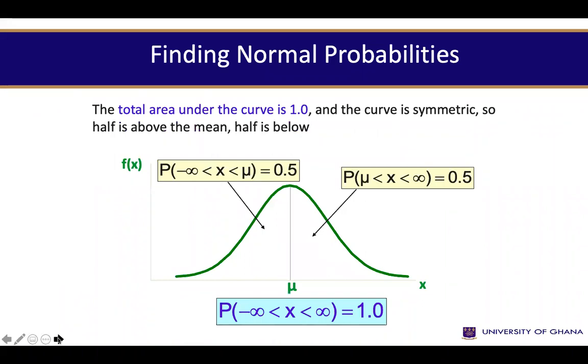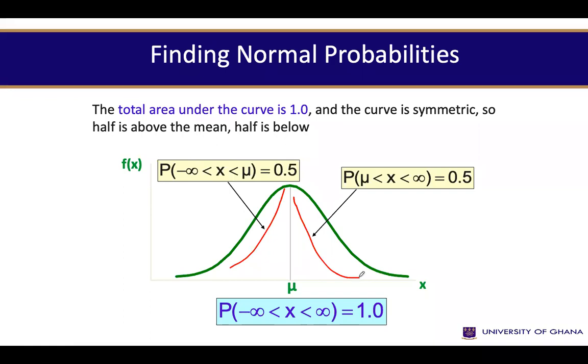Because this is a symmetric distribution, the mean divides the normal distribution into two equal halves. One half of the distribution has an area of 0.5. The other half of the distribution has an area of 0.5.